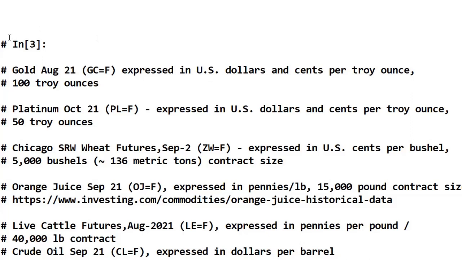You can see that I have these hashtags at the beginning, which means that in Python they won't execute. But I wanted to give some information in my Python script as to which commodities I am getting data for, how they're expressed, and how large the contract size is.